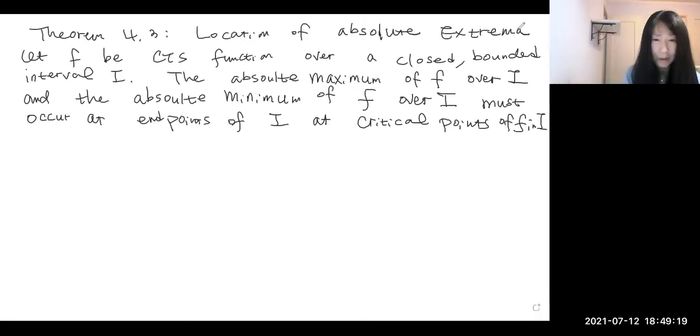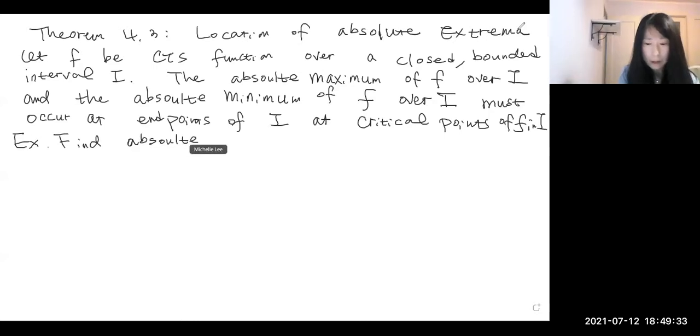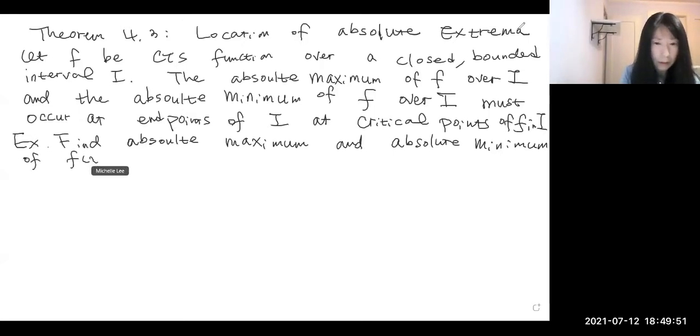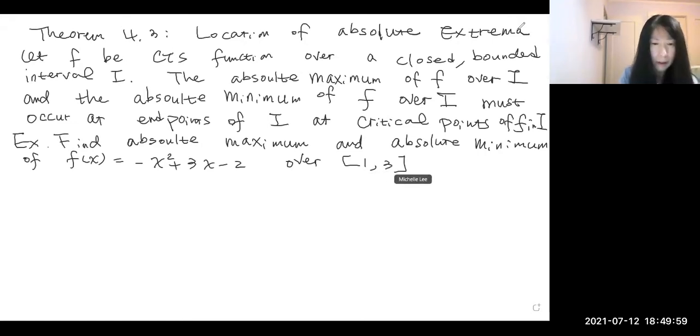All right, so let us do an example. I'm going to show you how to do it. Find the absolute maximum and absolute minimum of f of x equal to negative x squared plus 3x minus 2 over the interval from 1 to 3. Okay?